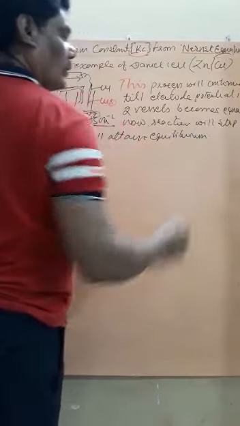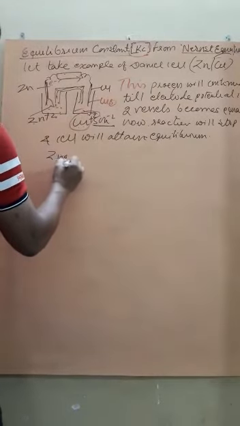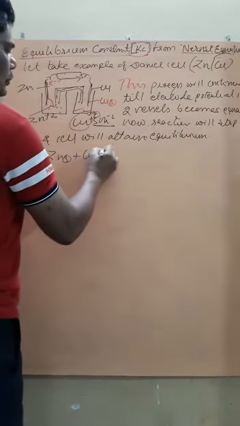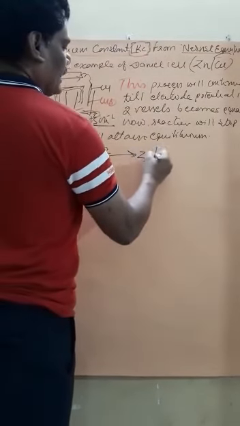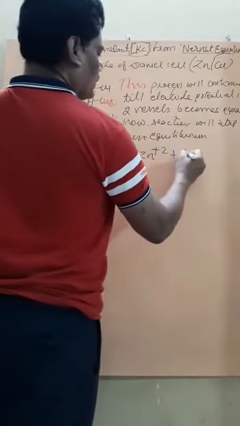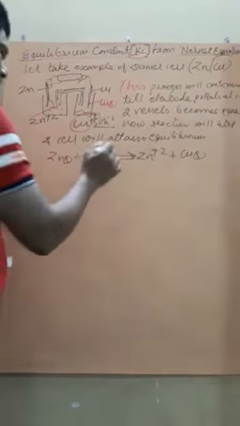That is, Zn solid plus Cu2+ cation is converted into Zn2+ cation plus Cu solid, and the equilibrium is attained.